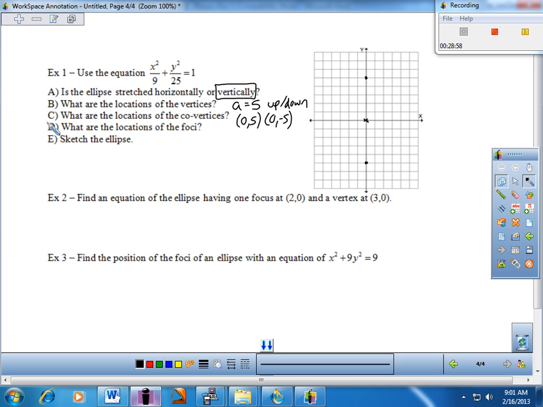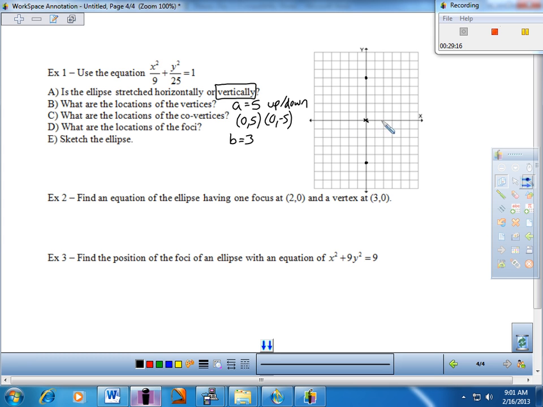So the co-vertices here. What are those locations? Well, as soon as I hear the word co-vertices, I'm thinking b. And again, b is part of the equation there. There it is. There's b squared. So b is 3. And we always go to the co-vertices from the center. The question, of course, becomes, do I want to go up and down, or do I want to go left and right? And I think it's fairly obvious, since I went up and down for the vertices, that I do want to go in the other direction for the co-vertices.